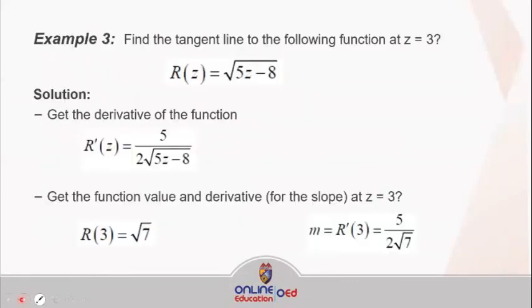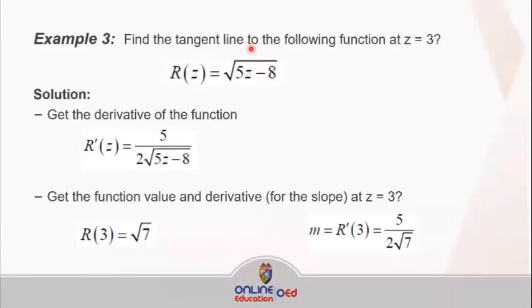Next naman natin, yung next natin na problem is we need to find the tangent line of the following function at z is equal to 3. The value is r of z is equal to the square root of 5z minus 8. Application lang to ng formula natin or the derivation for the square root.